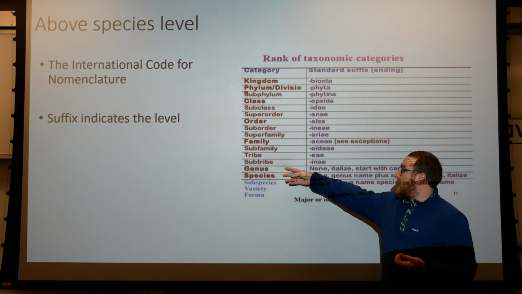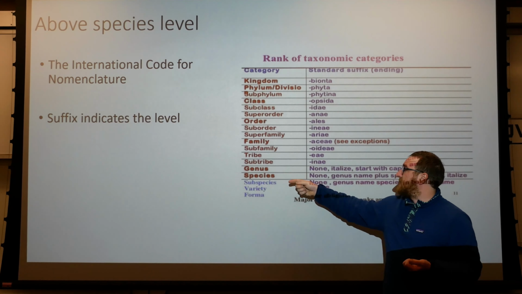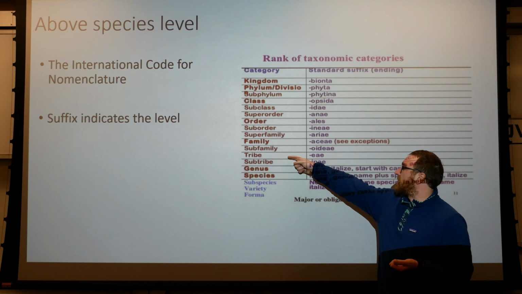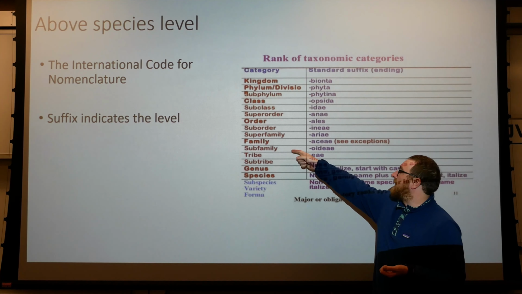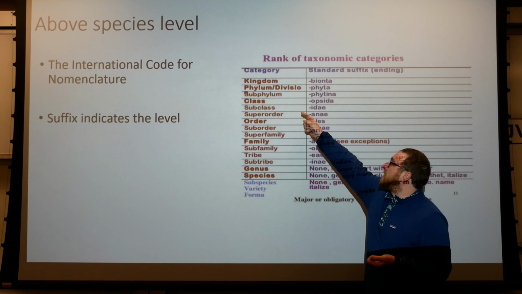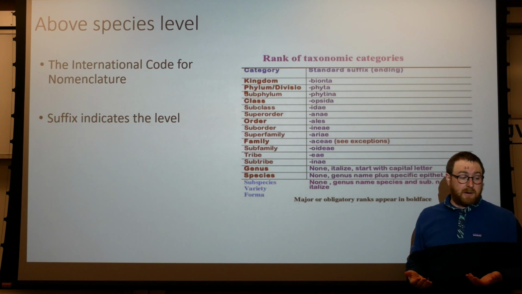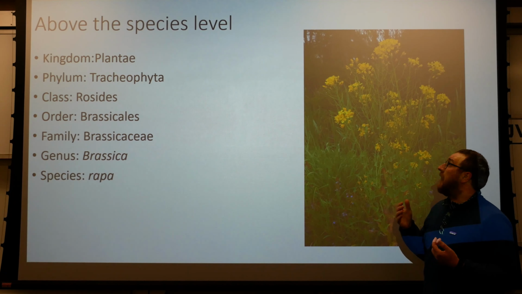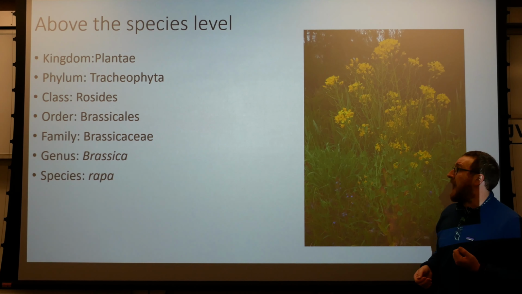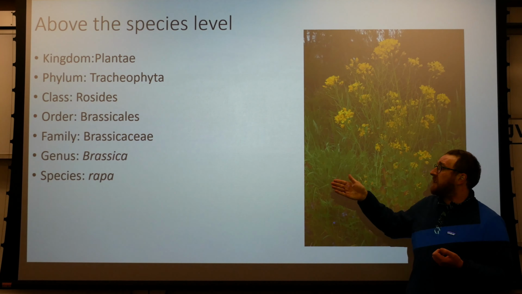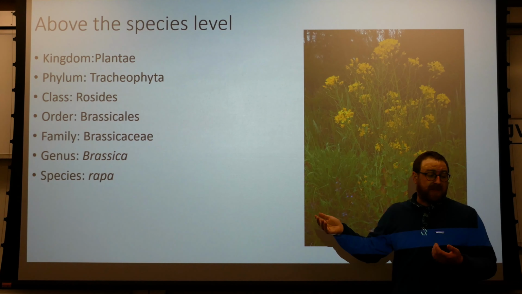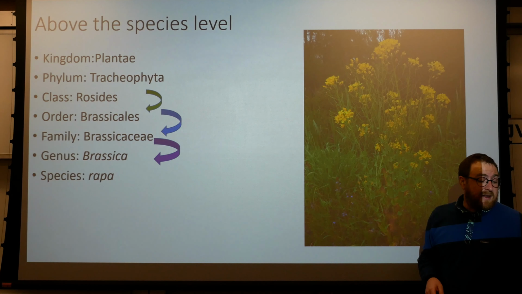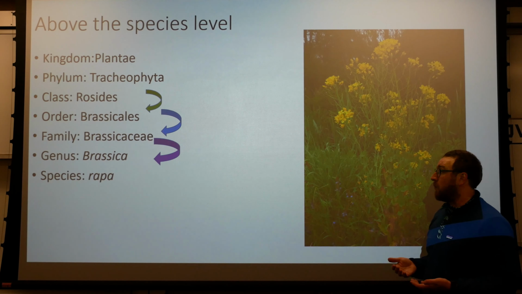As we go from the binomial, which again includes the genus and the species, we go up through things like tribes, subfamilies, families, orders, classes, all the way up to kingdom. And these various ranks are nested within each other, and they again have very specific rules.